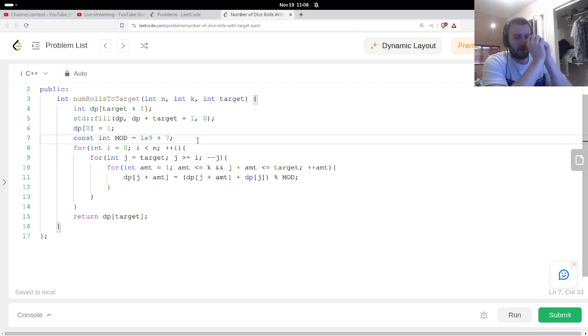So you always have one way you could have 0, which is none of the dice involved. No dice. Start with a 1. Then I think maybe this is the issue.